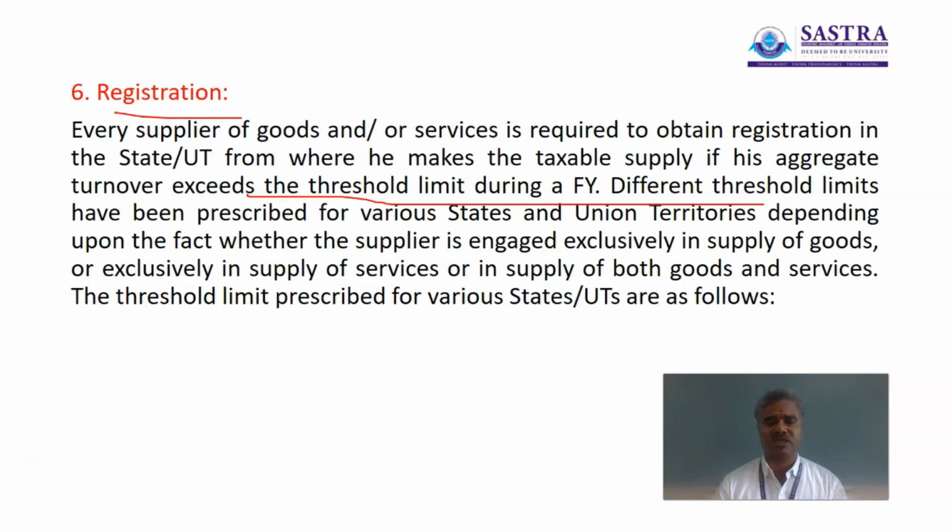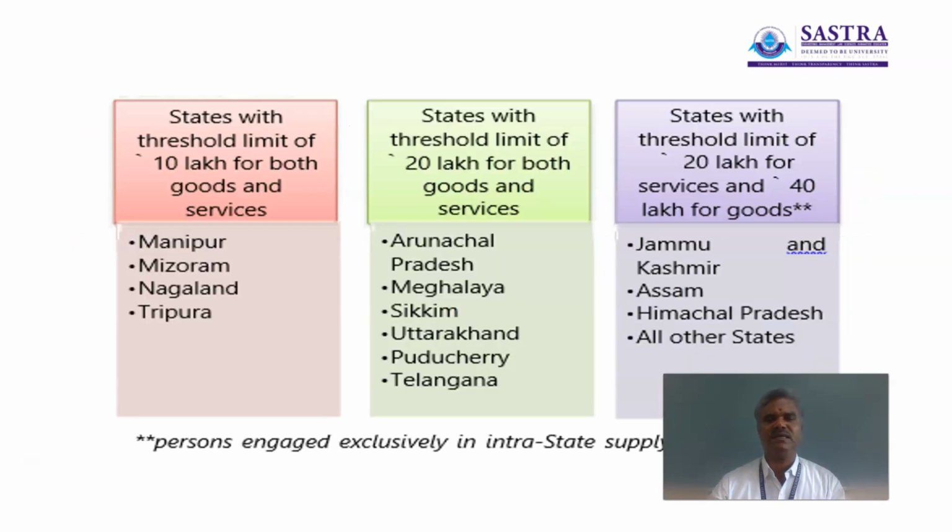Okay, what are the sections we have to follow? What are the types of registration? What are the documents they have to maintain or keep at the time of registration? What are the procedures? Okay, everything we'll discuss later, one by one. Okay, this is registration. Now see, the states are classified for 10 lakh, 20 lakh and 40 lakh.